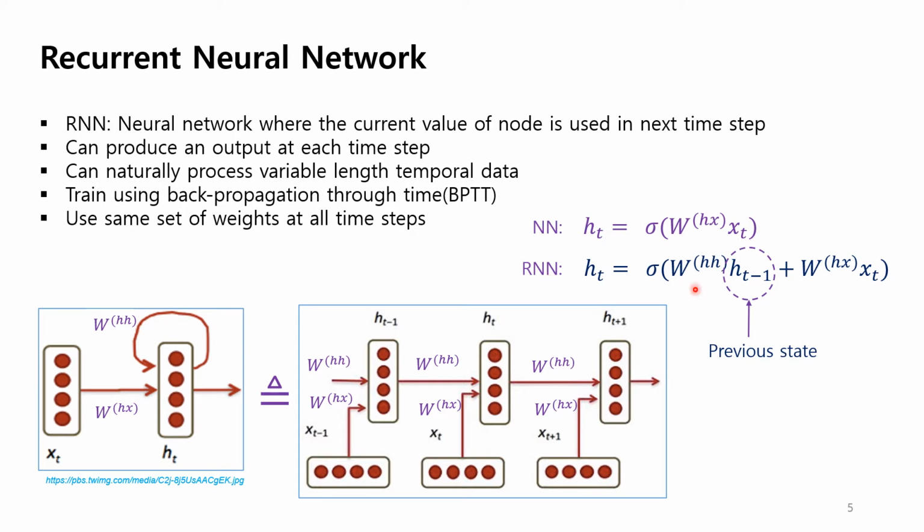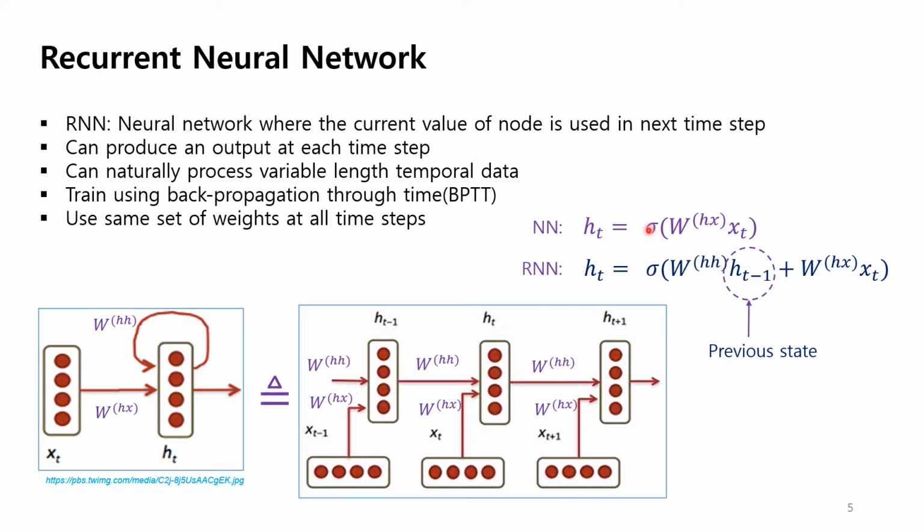In RNN we do have the input here, but we have another term: we take input from the previous state, h_{t-1}, multiplied by its corresponding weight, and the whole thing goes through the activation function.